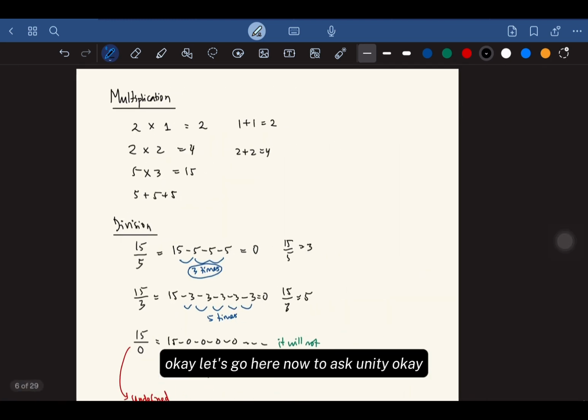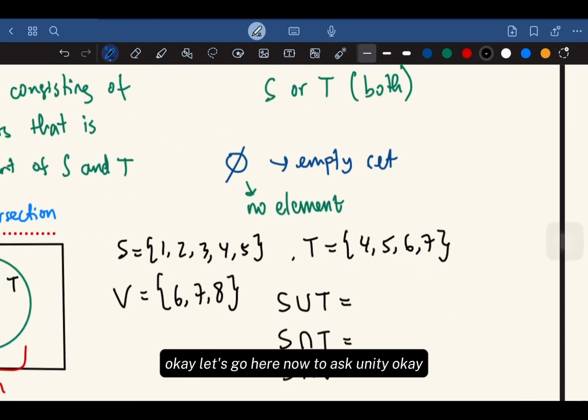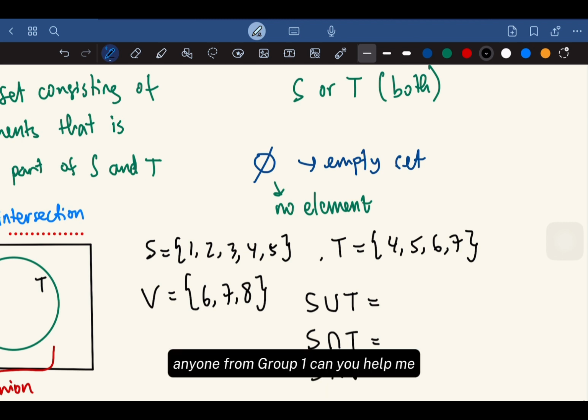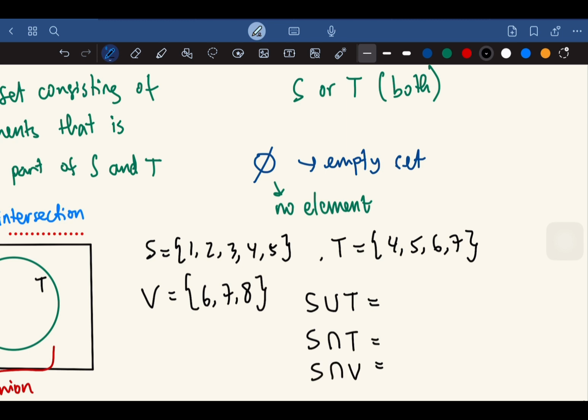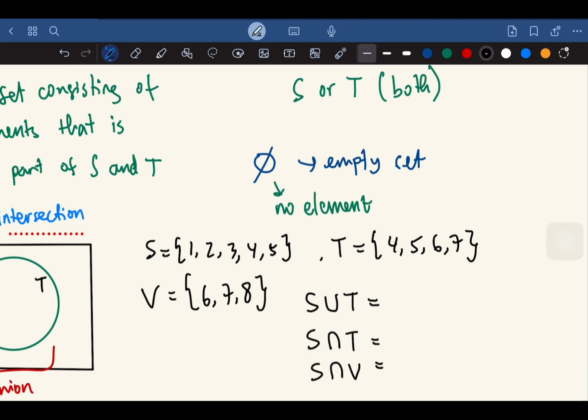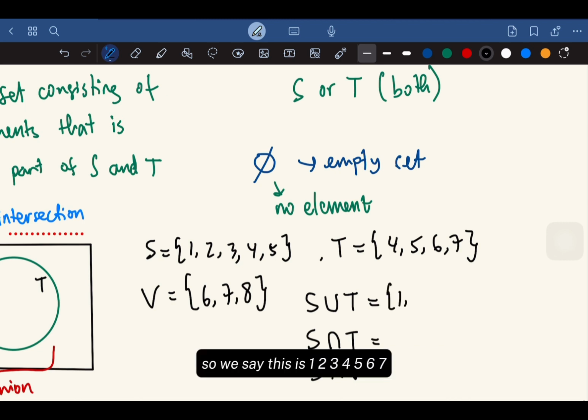Okay, let's go here. Now the S union T. Anyone from group 1? Can you help me? The S union T. Someone from group 1 can help me? 1, 2, 3, 4, 5, 6, 7. Okay, I think it's too easy, but let's just refresh our minds for a while. So this is 1, 2, 3, 4, 5, 6, 7.